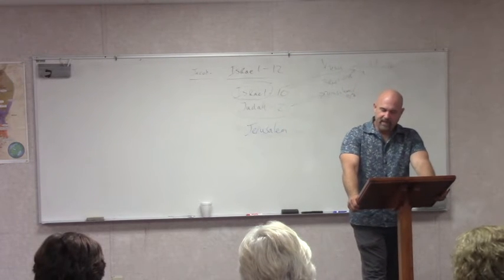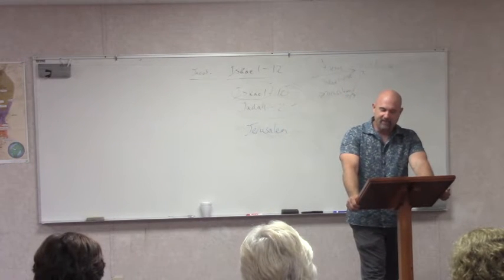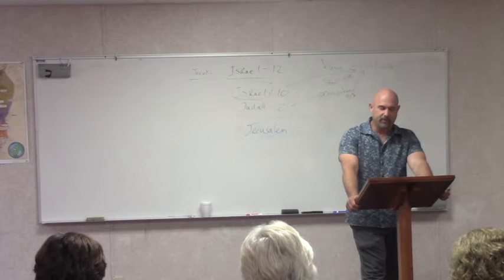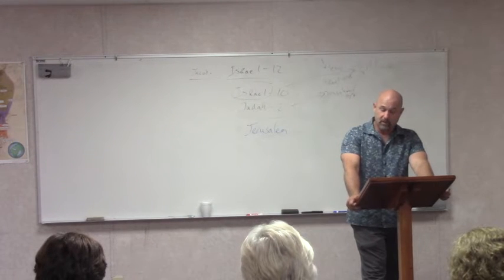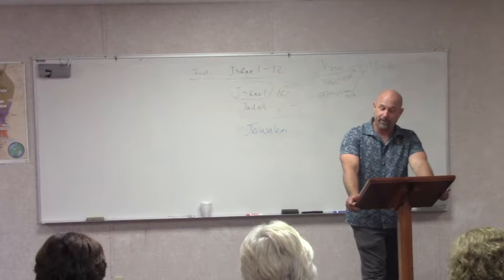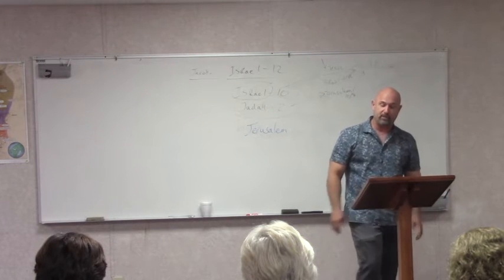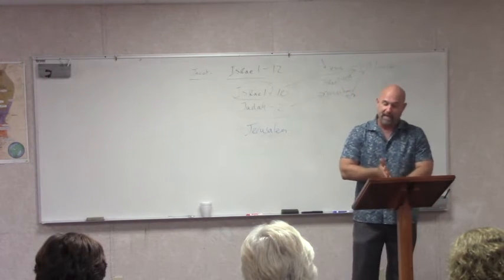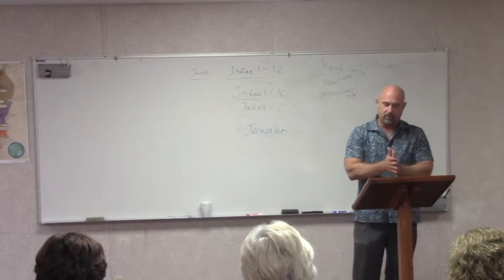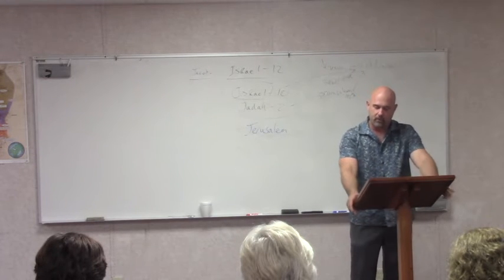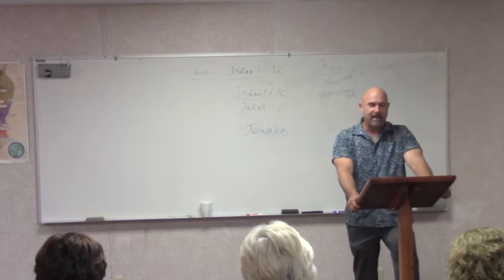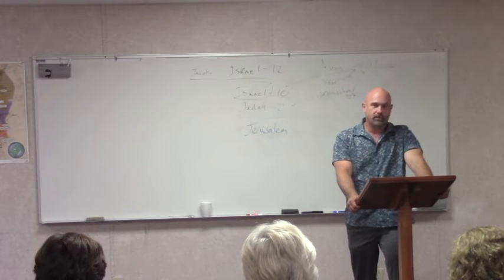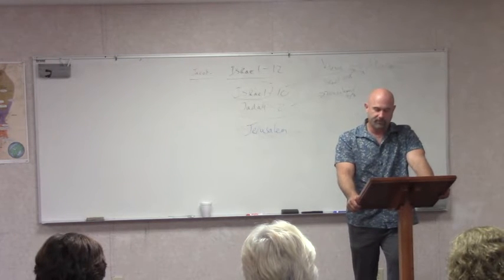"And it will come about in that day that I will make Jerusalem a heavy stone, an immovable rock," and the people that are going to be there are the Jews. "For all the peoples who try to lift it or go against it will be severely injured or cut to pieces, and all the nations of the earth will be gathered against it. And in that day," declares the Lord, "I will strike every horse with madness, but I will watch over the house of who?" Judah. Which is why the Jews are over there.